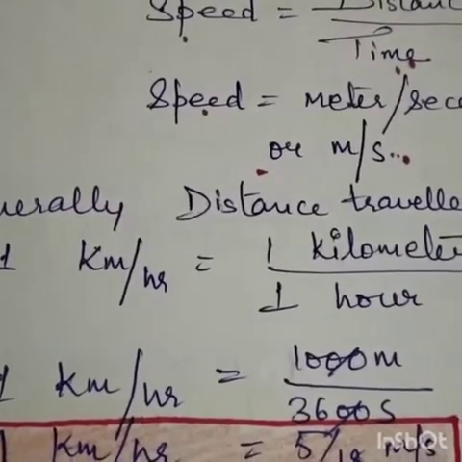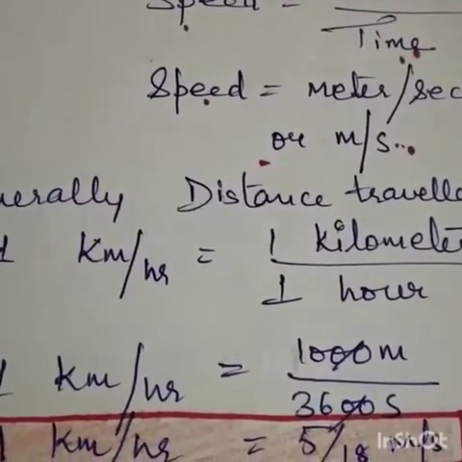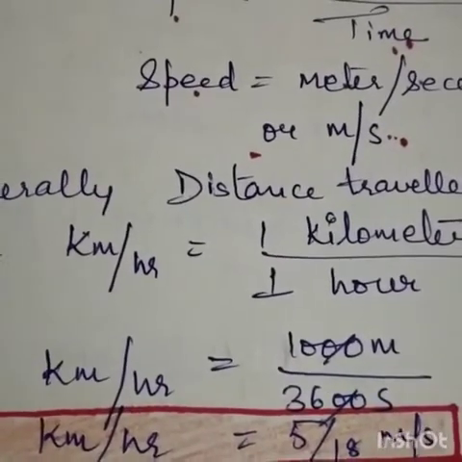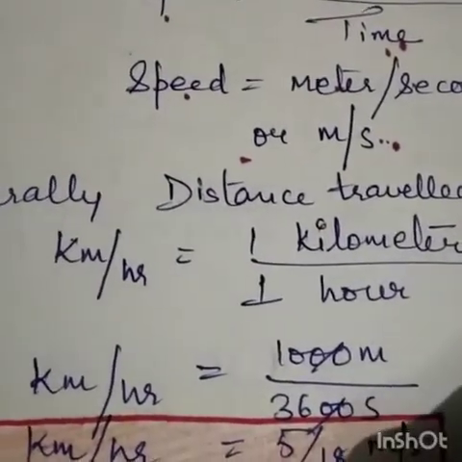Generally, when a car, bike, motorcycle, anything travels a distance, it is measured in kilometers.